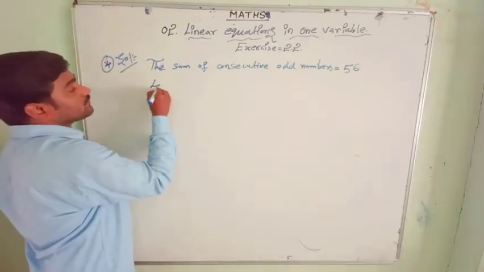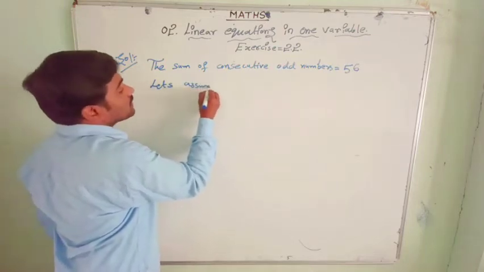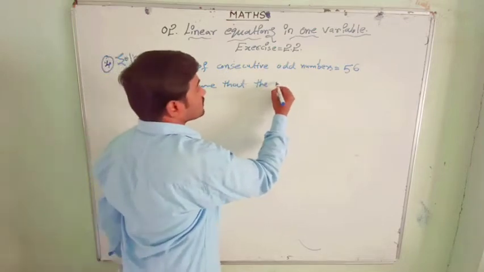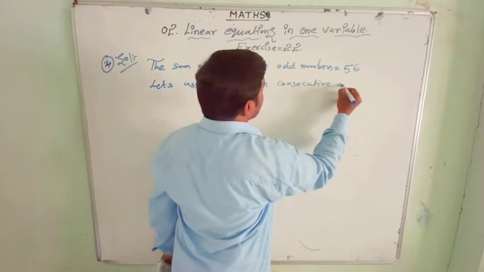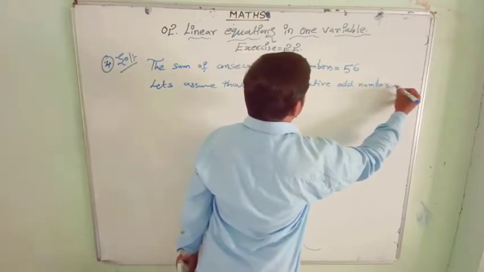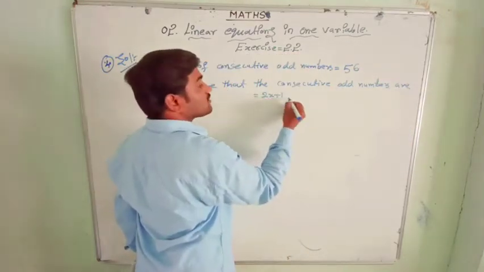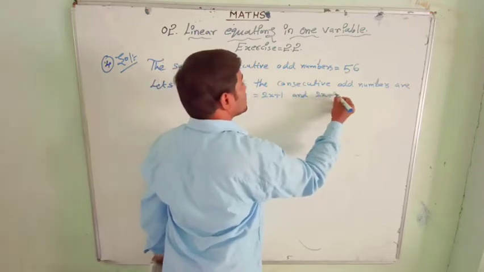Let us assume that the consecutive odd numbers are 2x plus 1 and 2x plus 3.